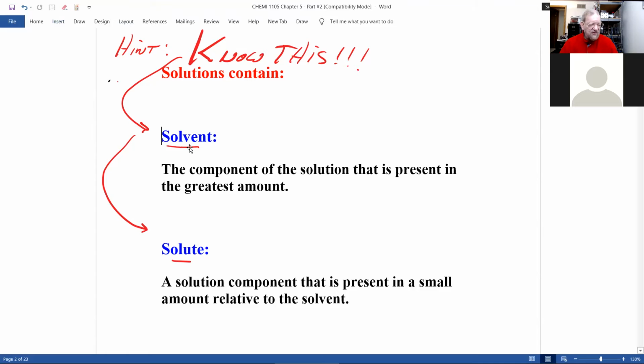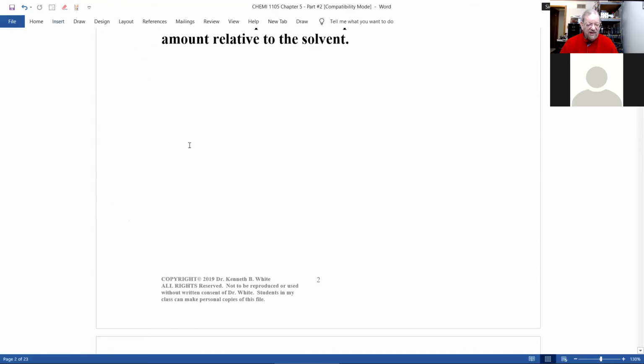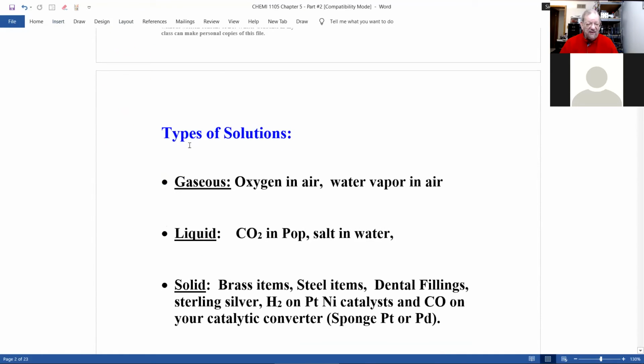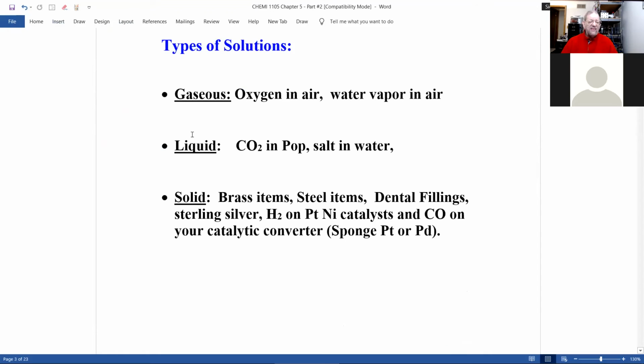We're going to practice this in a second, but let's talk about some types of solutions. Then we'll go back to solute and solvent. You can have all types of solutions. You can have gaseous solutions. I bet you didn't think right now you're sitting in a solution.